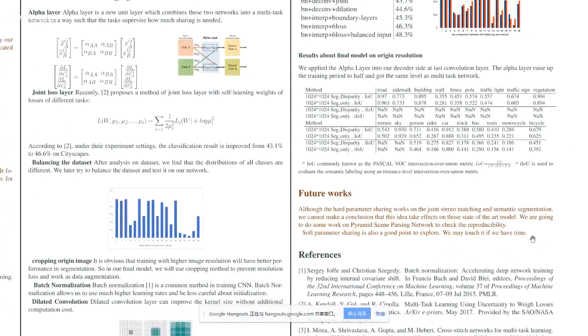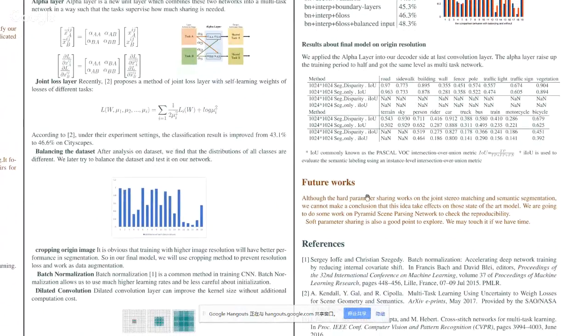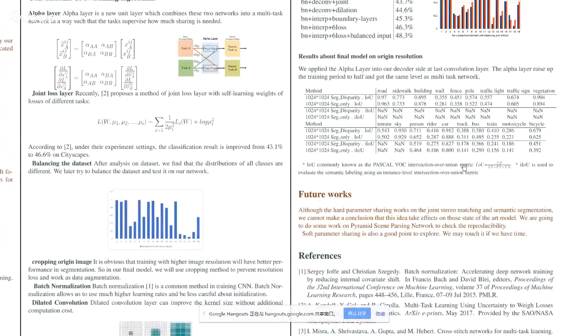Now we have already proved that our idea works for low marks on the benchmarks. Our final result is about 65, which is quite low on the benchmark. So our next step is to do experiments on higher score models, such as PSPNet. PSPNet is a state-of-the-art model with about 80 accuracy.